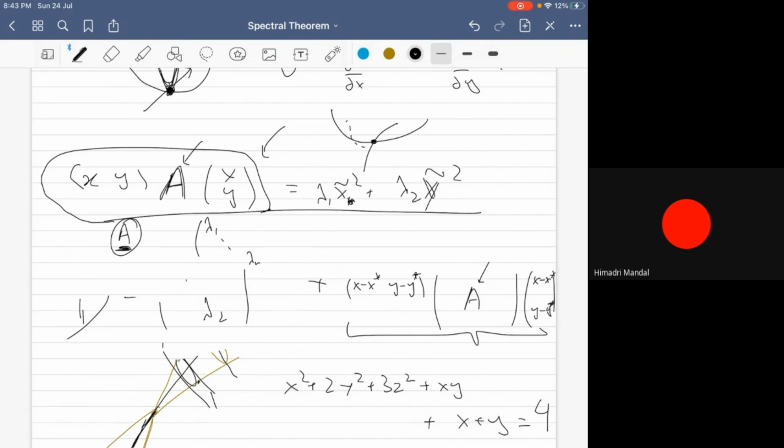Similarly, this general homogeneous polynomial can be converted into this, and you can deduce all sorts of properties using diagonalization. Okay, so yeah, in general, the spectral theorem is very useful in a lot of situations.